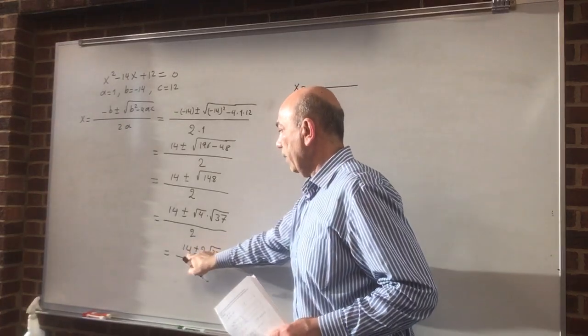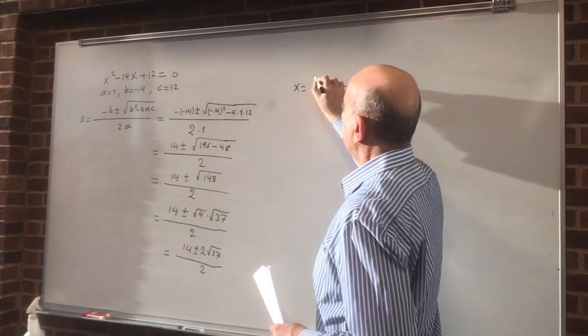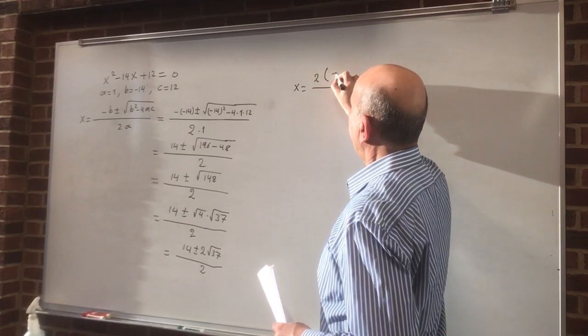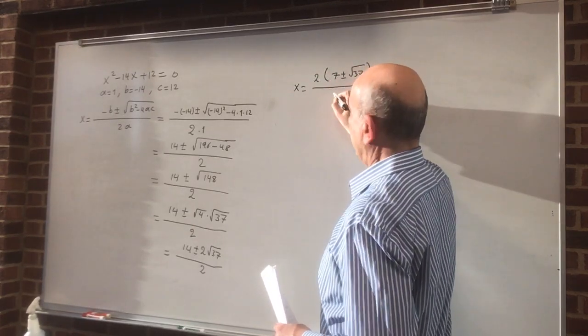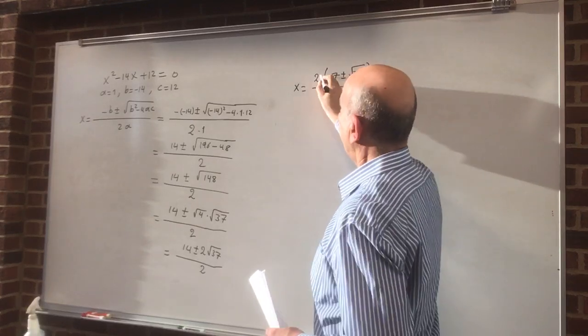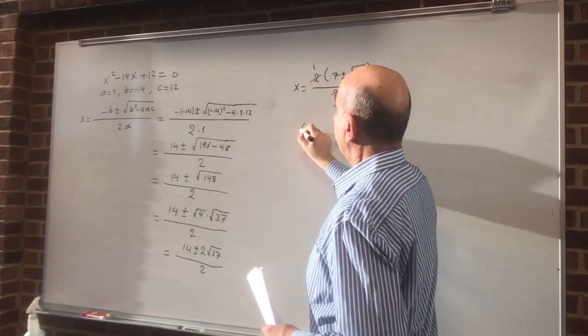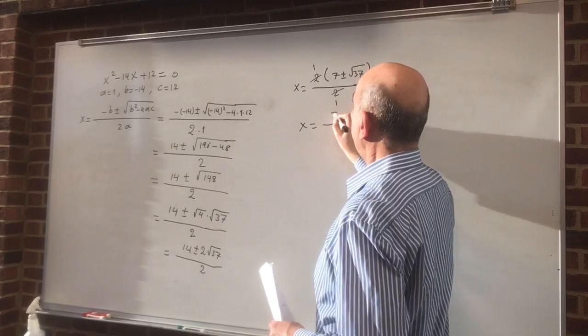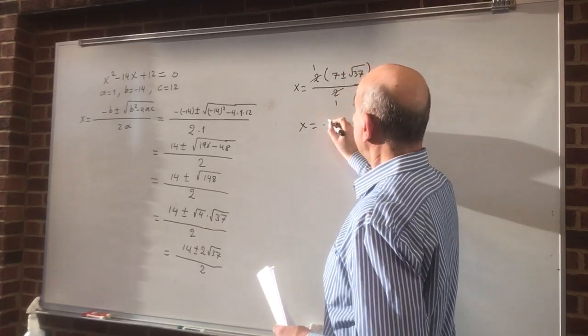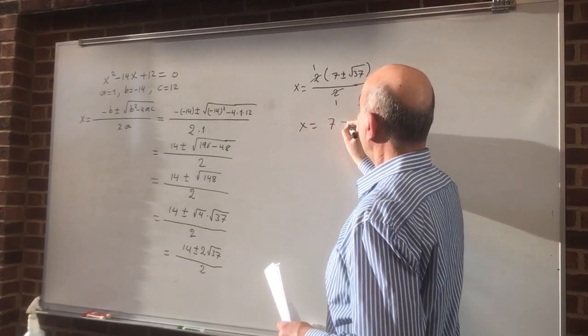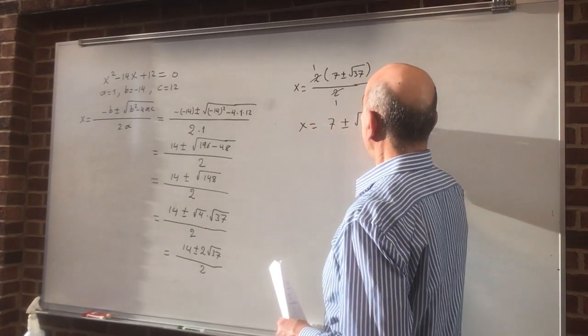You can factor out 2, so we get 7 plus or minus root 37 over 2. So divide out by 2, and x equals 7 plus or minus root 37.